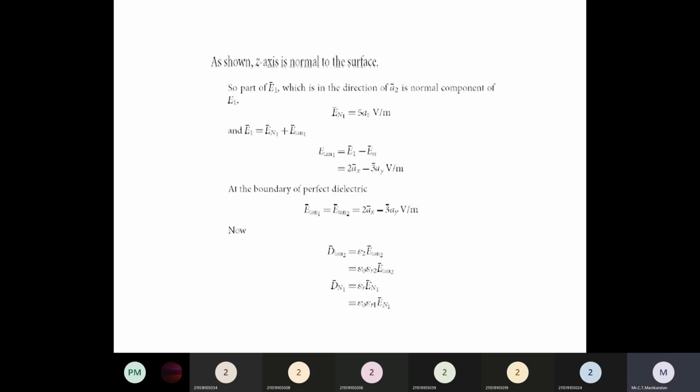Dt2 equal to epsilon 2 into Et2, that is epsilon naught epsilon r2 Et2. Next we find DN1, epsilon naught epsilon r1 En1. You know the concept that En1 equal to En2.